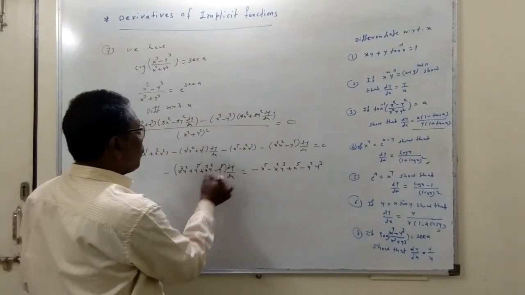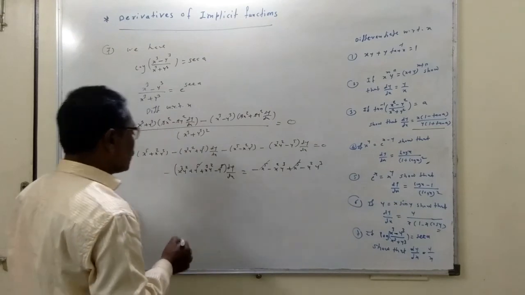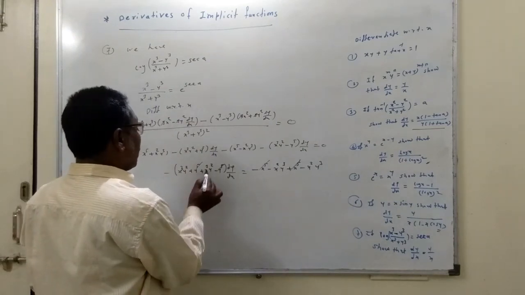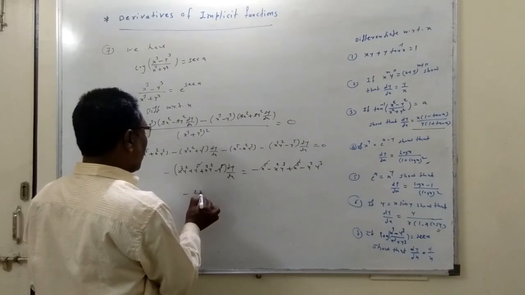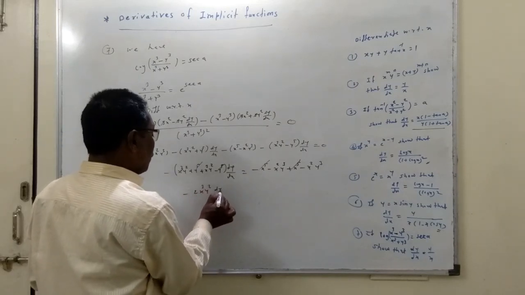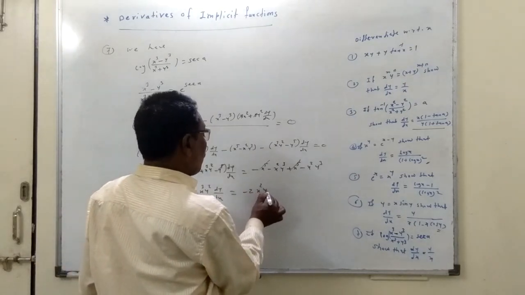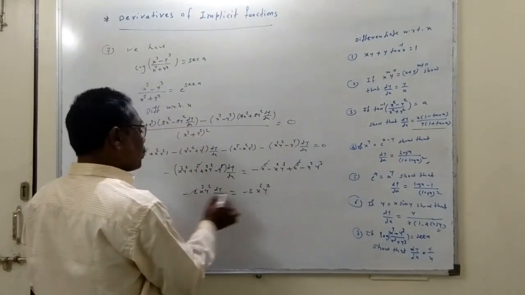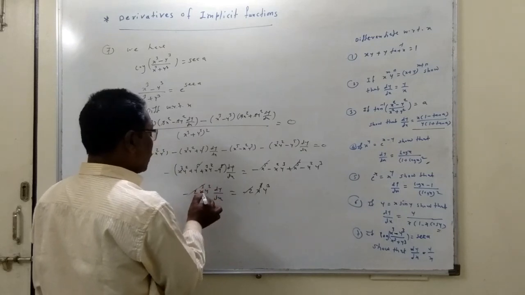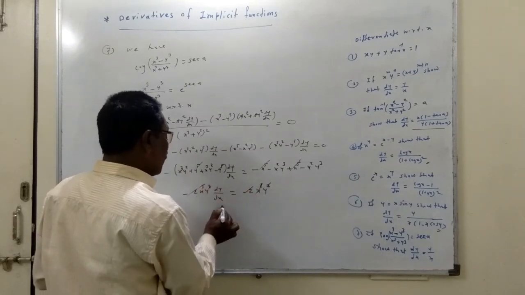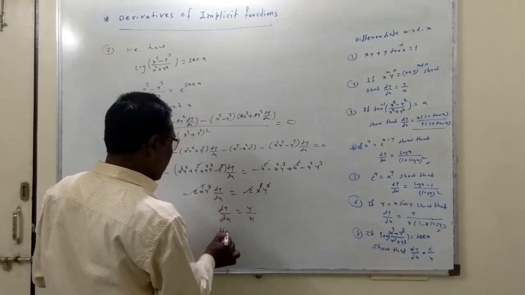Now here y raised to 5 plus minus gets cancelled, x raised to 5 plus minus gets cancelled. Now here x cube y square is minus 2x cube y square dy by dx equal to minus 2x square y cube. Now minus 2 gets cancelled, x square is here, 2x cube gets cancelled, remaining x, y square is y. So dy by dx is equal to y upon x. That is the result, hence proved.